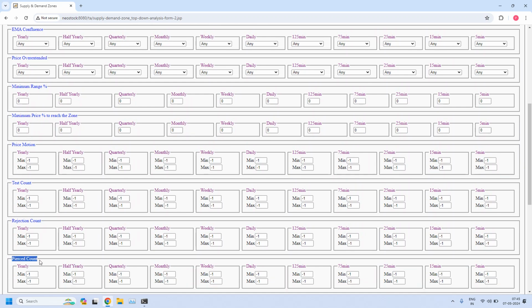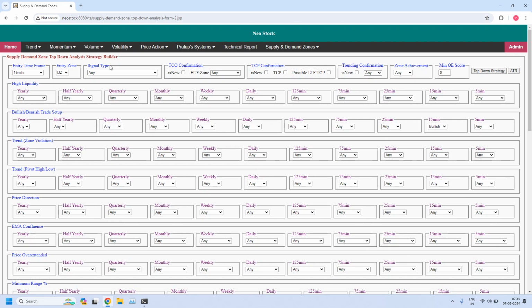So in the pierced count, the last parameter in this space, in 15 minutes time frame, because that is our entry time frame, select minimum value 0, maximum value 0, which indicates pierced count should be 0. That means the zone is not pierced. And the value is applied to your entry zone, demand zone, because you selected entry zone as a demand zone. Any parameter or any filter, that filter is applied to the entry zone.